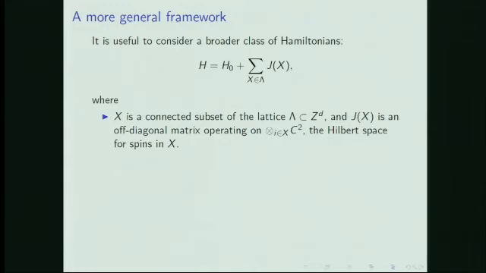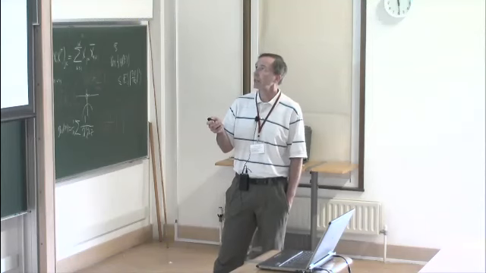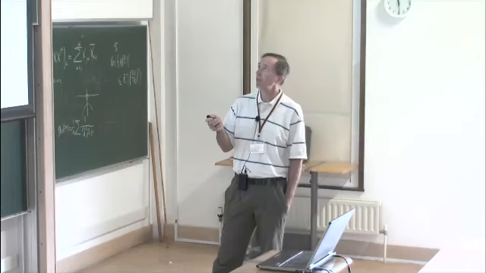So I want to generalize the Hamiltonian a little bit to get into the proper framework. We have a diagonal piece H0, and then we're going to have an off-diagonal piece, which is a sum over connected subsets of the lattice, some j of x.